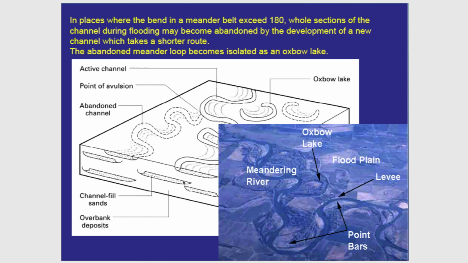And also you see in section how these channel fills, which are these cross trough bends that we find in meanders, will tend to accumulate at different levels and in different locations. This is of course related to the dynamics of this process, the fact that the meanders are moving in space.